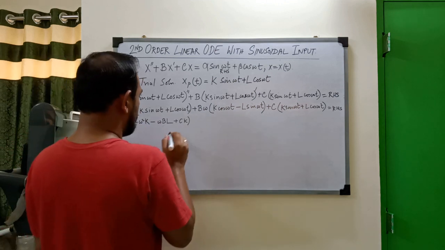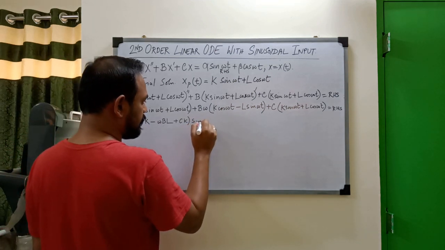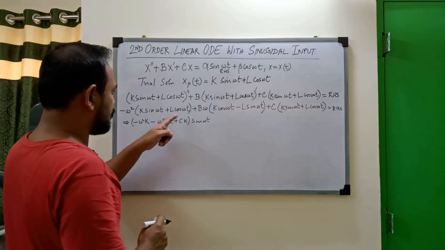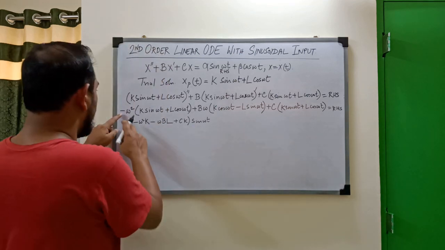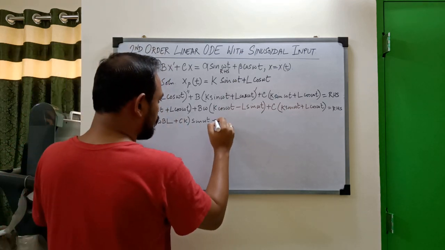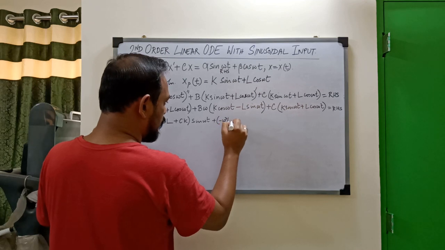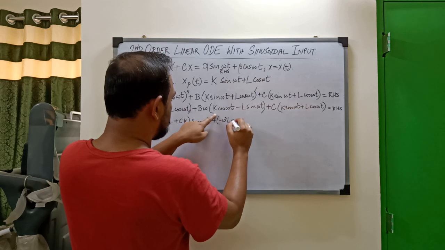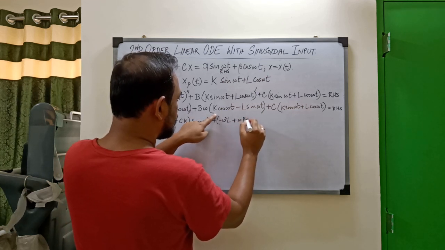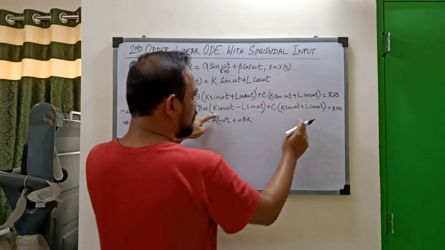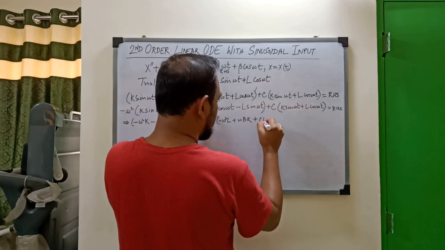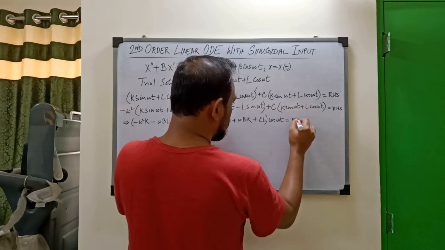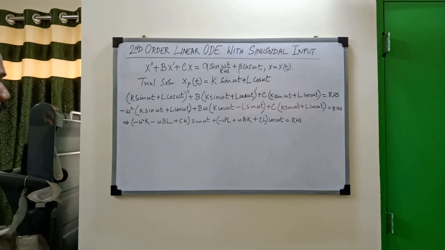This will be the coefficient of the sine omega t. What will be the coefficient of the cosine omega t from the left hand side? I'll have a minus omega square L, this one which will be plus omega b k, and this one which is c L, times cosine omega t.